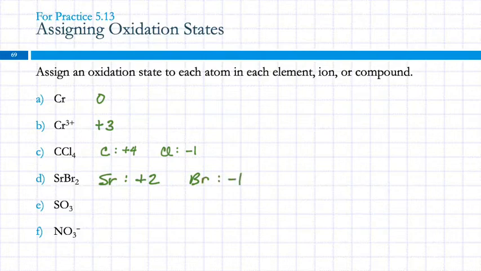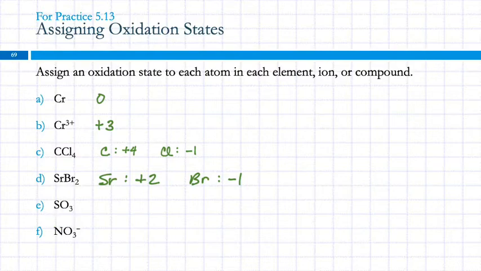So each of the bromides has a -1 charge and a -1 oxidation state. The strontium has a 2+ charge, and a +2 oxidation state. So when you have ionic charges, the oxidation states are the same. But when it's molecular, that's when you use the Fa765. When you don't have any ions, that's when you need the Fa765.